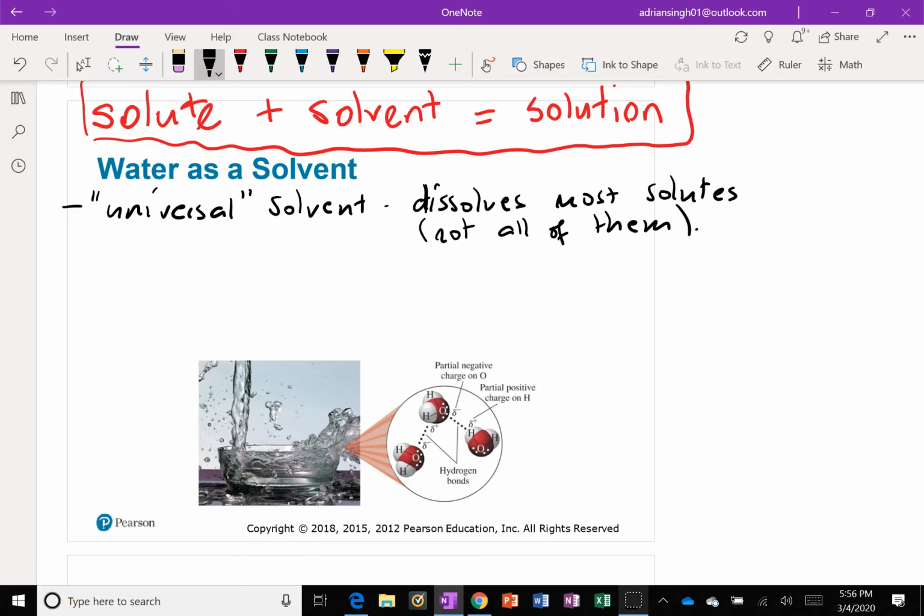And we'll see here that there's a simple rule that we can use to help us predict what will or will not dissolve in water or in any solvent for that matter.